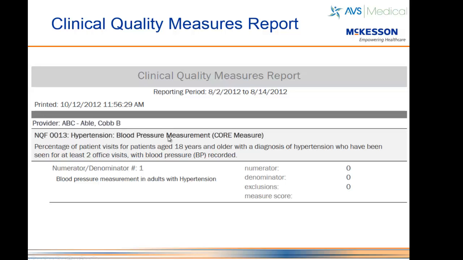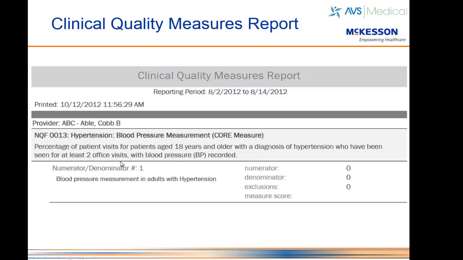In this case, we see hypertension, blood pressure management, and by the way, you'll notice here it says core measure, and then it tells you a little bit about how this data is calculated. This one happens to be the percentage of patients 18 or older with a diagnosis of hypertension who have been seen for at least 2 office visits and had their blood pressure recorded.